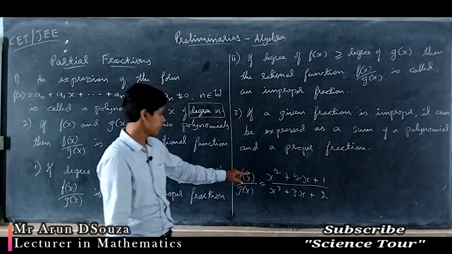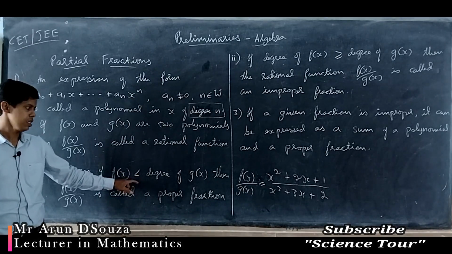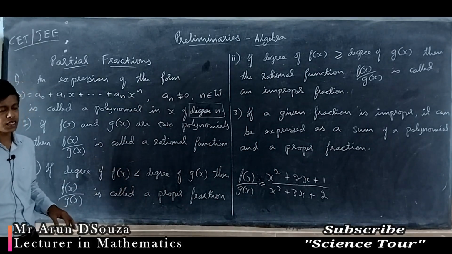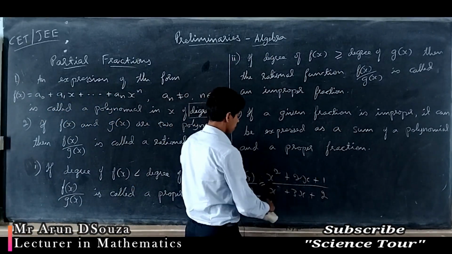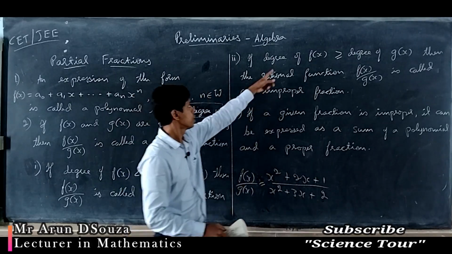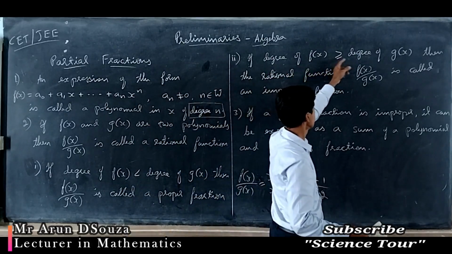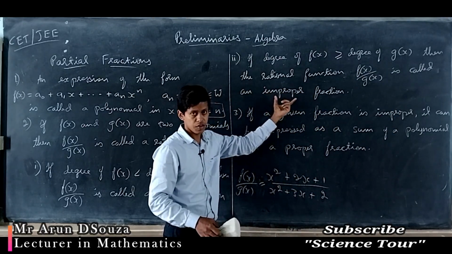So degree of f of x is strictly less than degree of g of x, then it is called proper fraction. But if you have, let us say, this is 2 here, then degree of f of x will be equal to degree of g of x. They are equal, then it is called improper fraction.